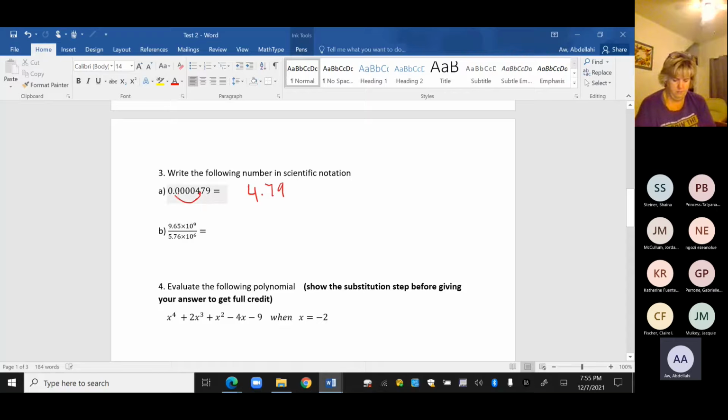And I count how many places: 1, 2, 3, 4, 5 digits. Is it going to be a positive exponent or a negative exponent? Negative, because we have to compensate. When you move the decimal point to the right, you are making the number bigger, and when you make the number bigger, you have to multiply by a negative exponent to compensate. So it's going to be -5.